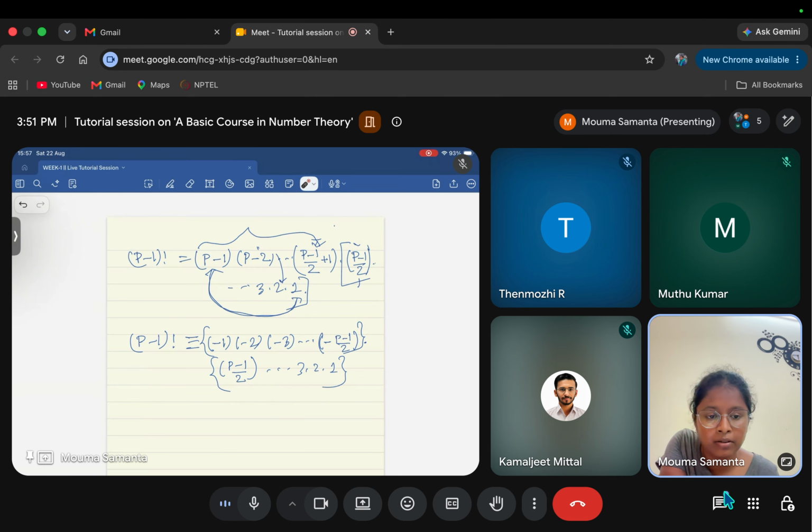So how many minus 1 will be there in this set? Since there are (p minus 1)/2 many elements, it will give us minus 1 power (p minus 1)/2, right?